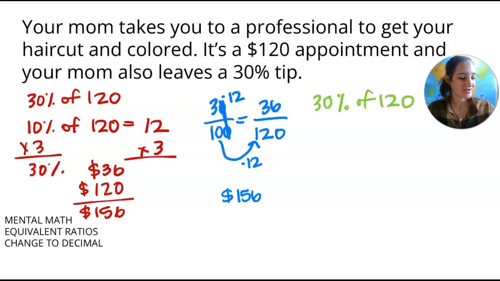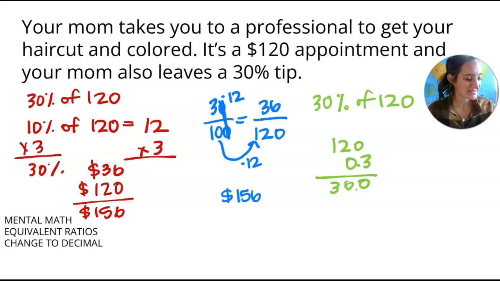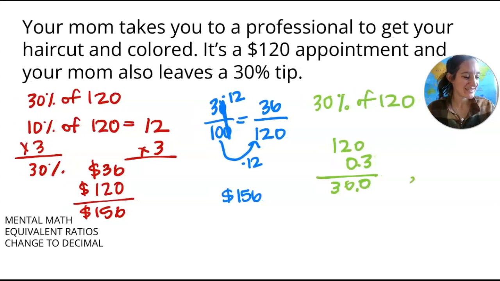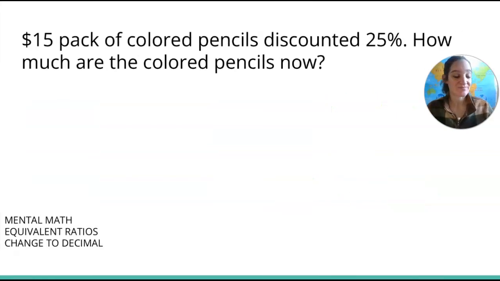I'm going to change my 30% to 0.3 and then times that by 120 and get 360, but I'm going to remember to scoot. So I get 36. 36, add that to my total, I get 156. Okay, so no matter which way you do it, your haircut and color is going to cost you $156.